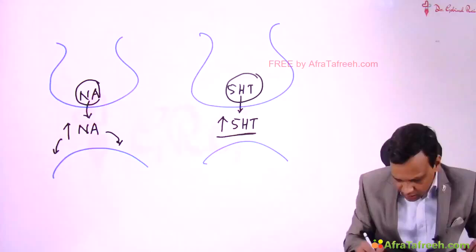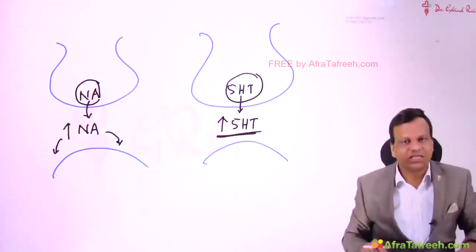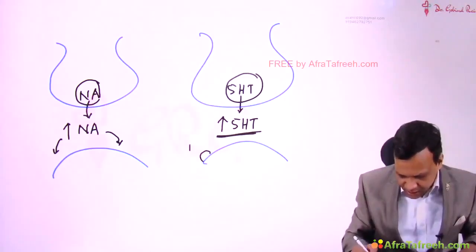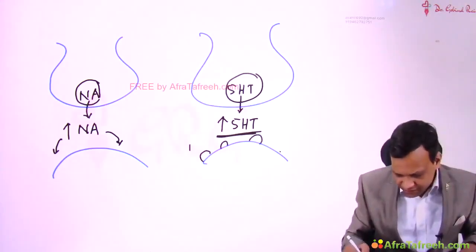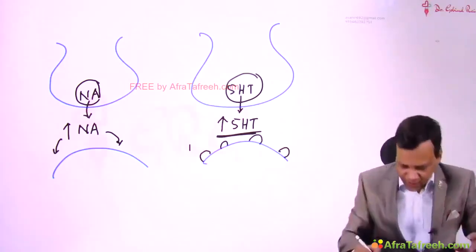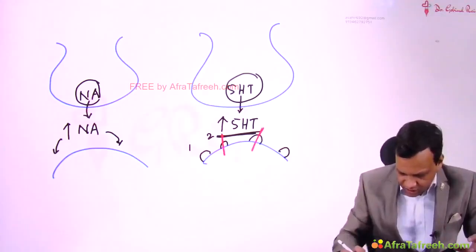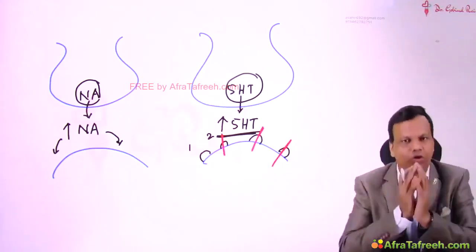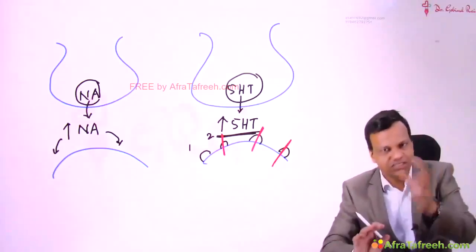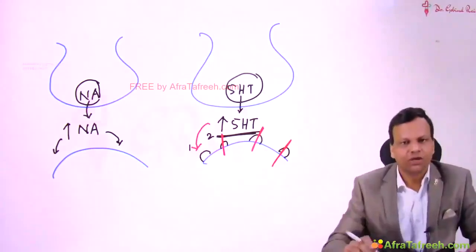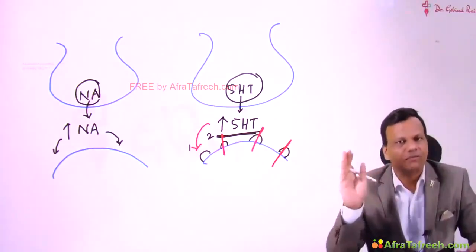But serotonin is not able to act on all the receptors. The reason being, suppose 5-HT1 receptor is there, 5-HT2, 5-HT3, 5-HT4 receptors are there. So it will block 5-HT2, 5-HT3, 5-HT4 receptors also. That means it increases serotonin, but serotonin works only on 5-HT1 because other receptors are blocked by mirtazapine.